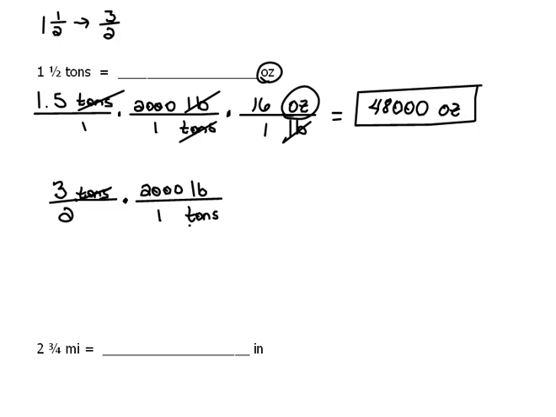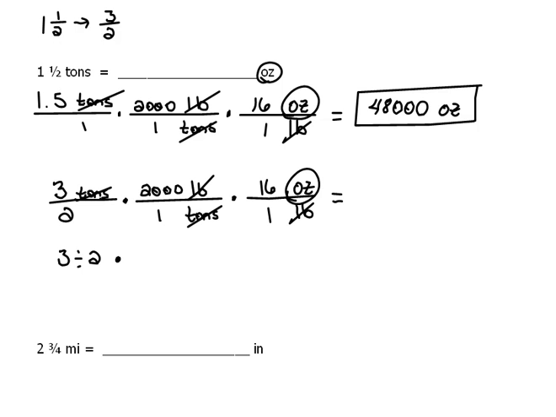Now that will cancel our tons. And then again, we don't want pounds, so let's put that on bottom. And we're going to convert over to ounces. There are 16 ounces in 1 pound. So now our pounds will cancel, and we're down to ounces. Now we could literally do this in one step. We could say this is 3, and then divided by 2, which is going to give you 1.5 anyway.